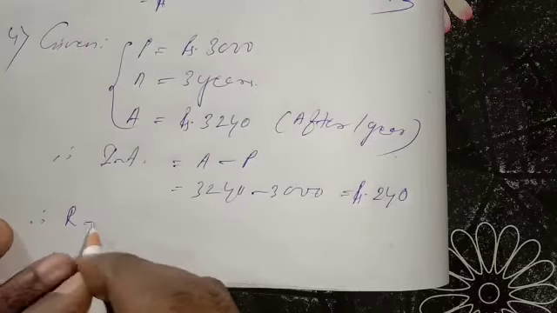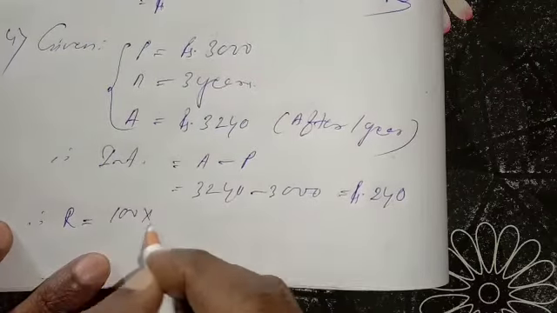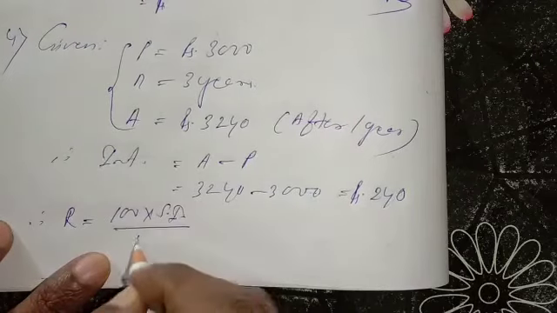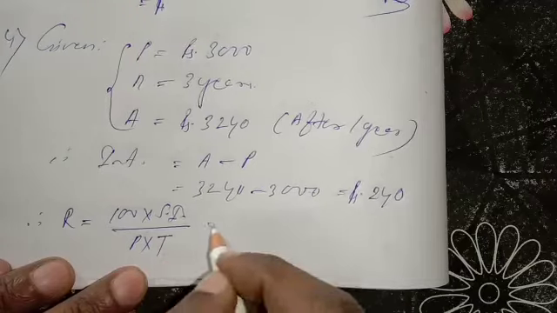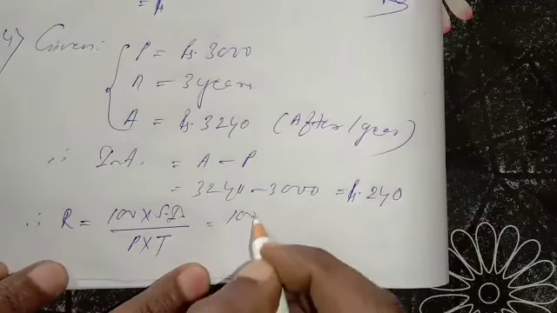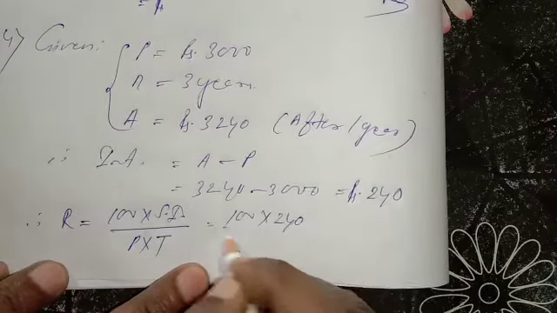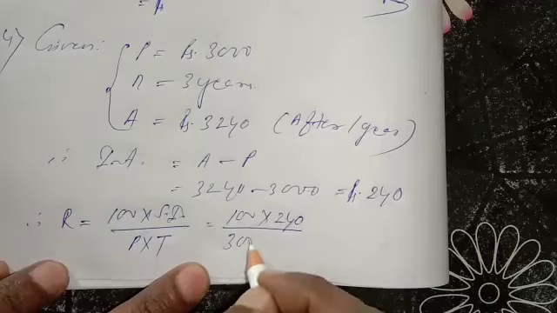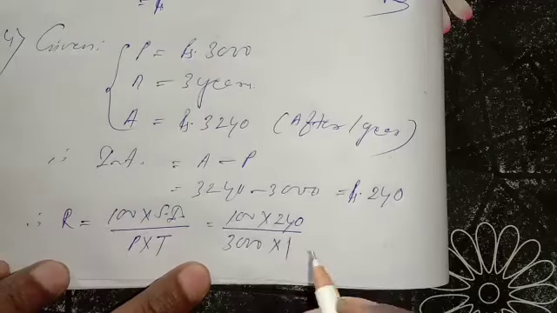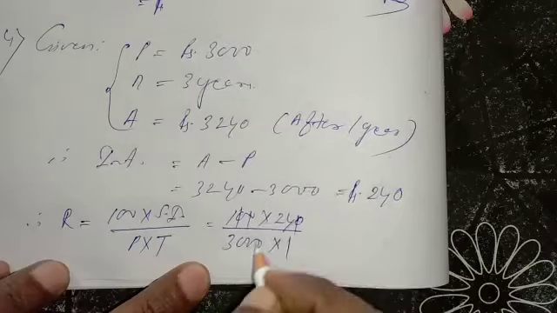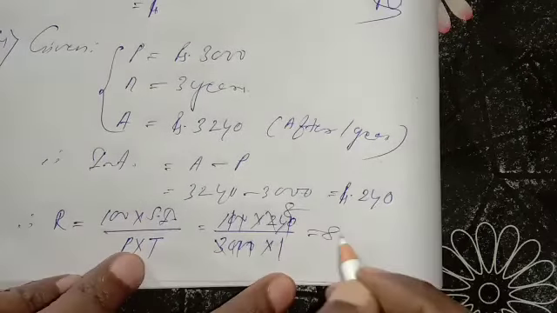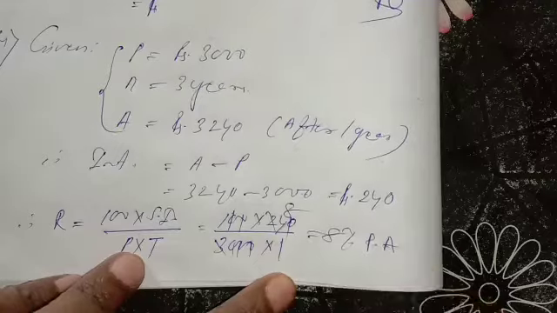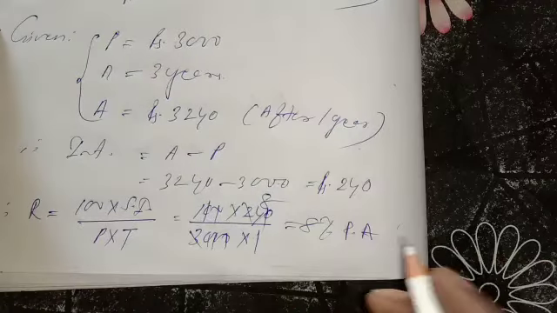Therefore rate will be how much? 100 into SI by P into T. 100 into SI, you got 240, by principal given 3000, time 1 year. Here 3 0 cancel, 3 8, that means 8% per annum.